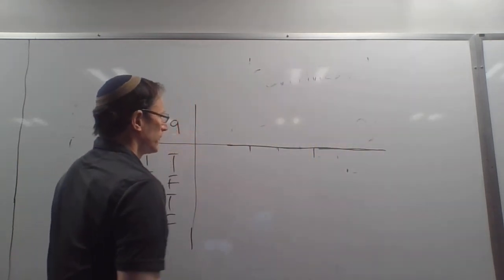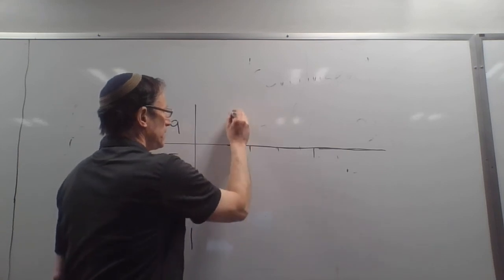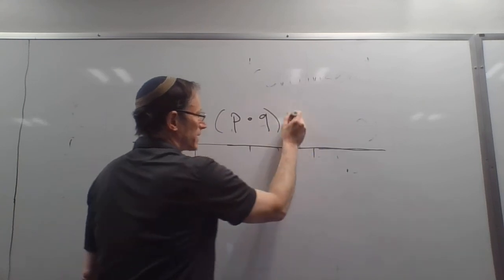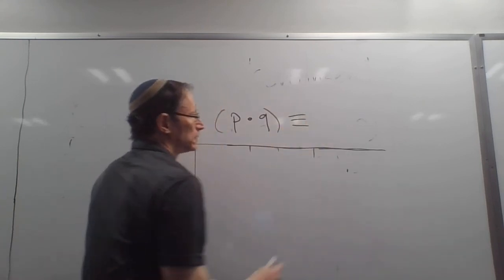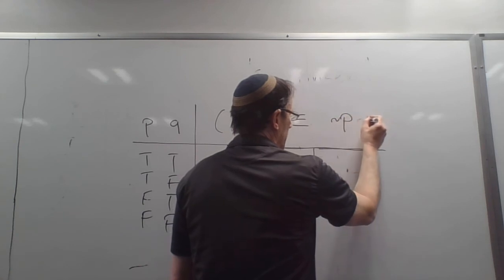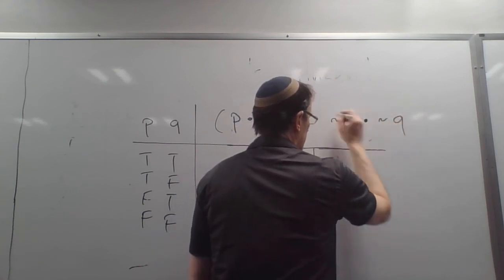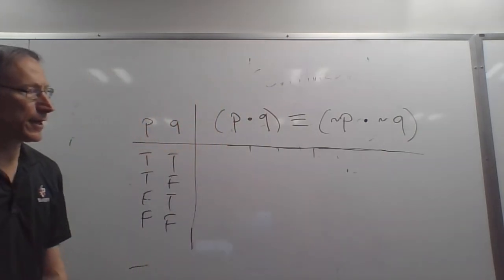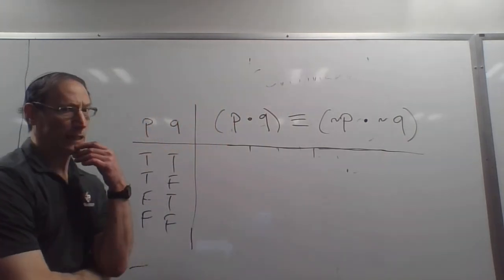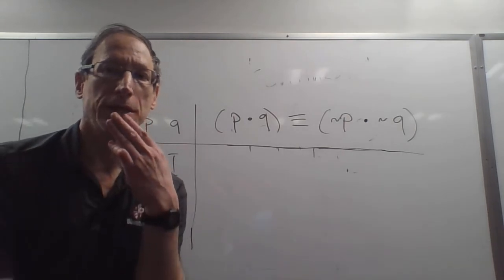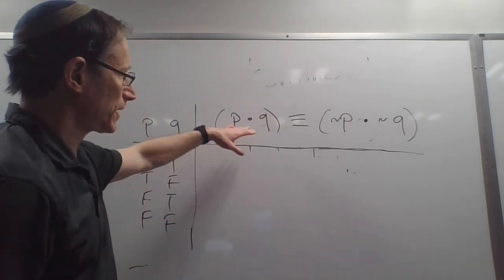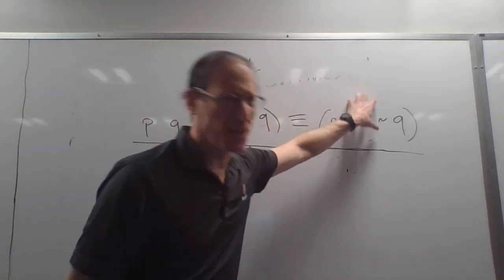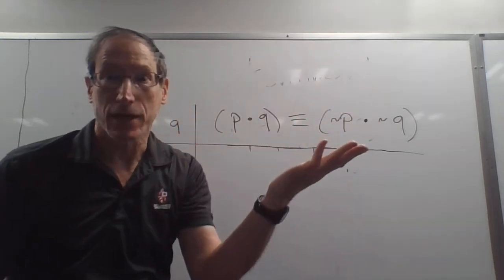Suppose you have P and Q biconditional not P and not Q. Okay. I think this is going to come out to be a contradiction. I hope so, because I'm thinking this is saying P and Q is equivalent to not P and not Q.